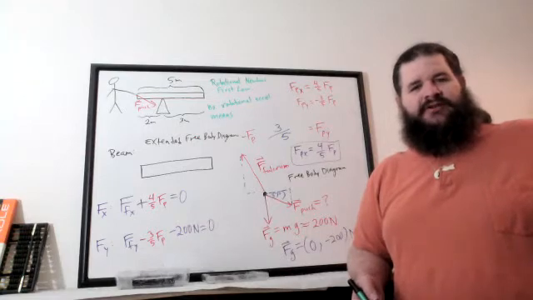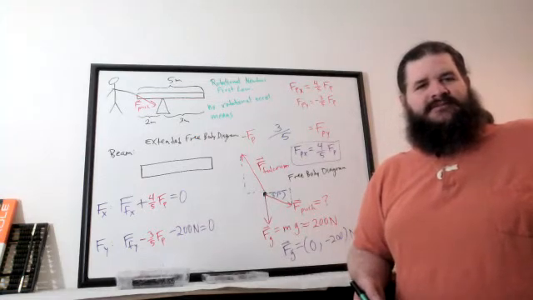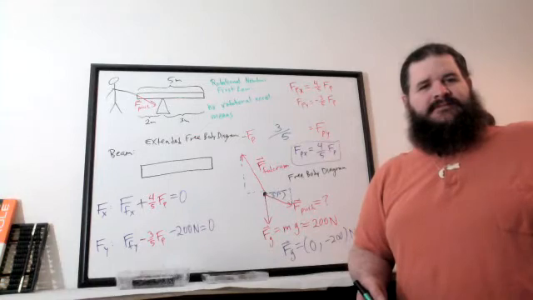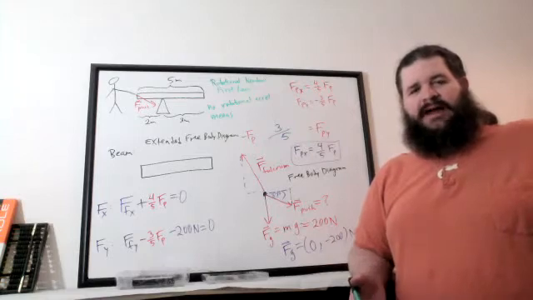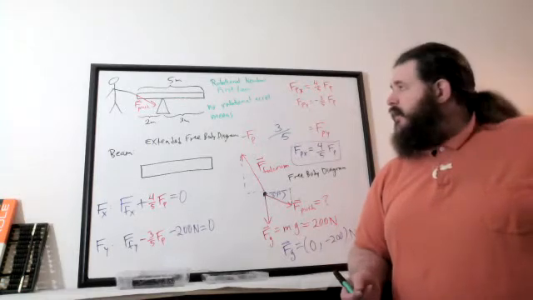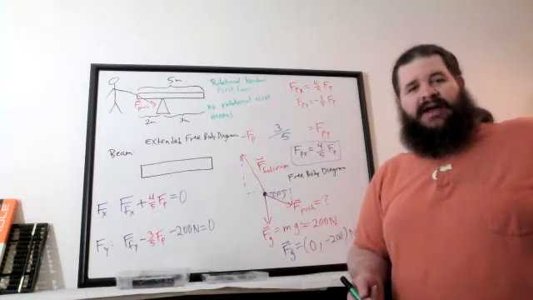What's the rotational version of force? Torque has to be applied. To cause a translational acceleration, you need to apply a non-zero force. To cause a rotational acceleration, you need to apply a non-zero torque.